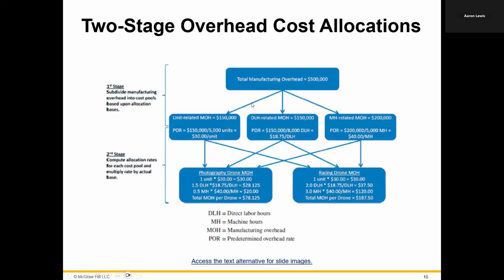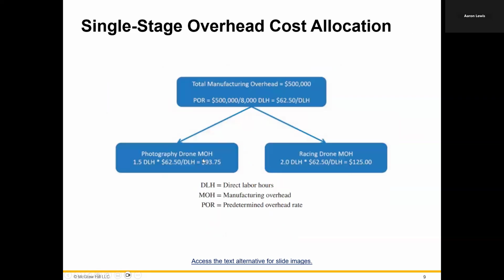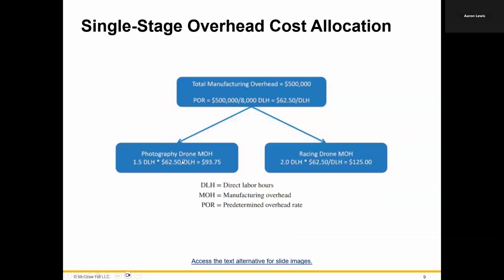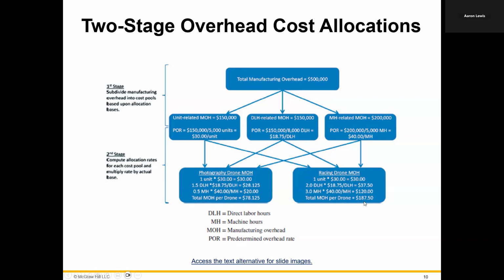Well, now we've got a whole bunch of numbers going on over here, but we end up with $78.13, rounded off, of overhead that would go into every photography drone, and $187.50 of overhead that would go into every racing drone. That is a pretty significant difference from these numbers over here. It's a much, much higher allocation, all the way from 125 up to 187.50 that goes into each racing drone.